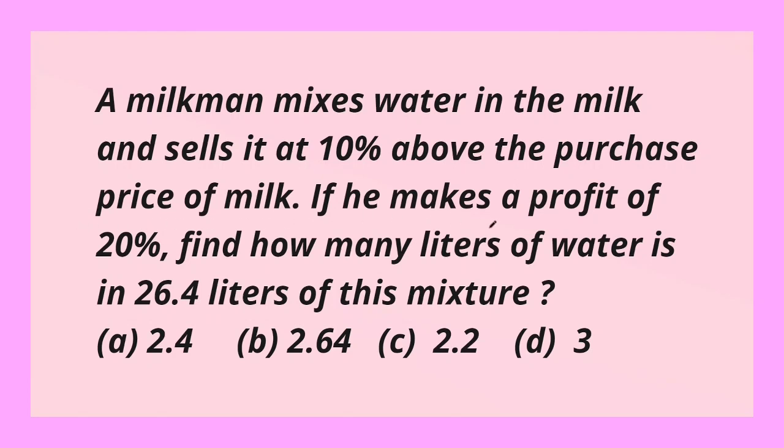If he makes a profit of 20%, find how many liters of water is in 26.4 liters of this mixture. The given options are option A 2.4, option B 2.64, option C 2.2, option D 3.